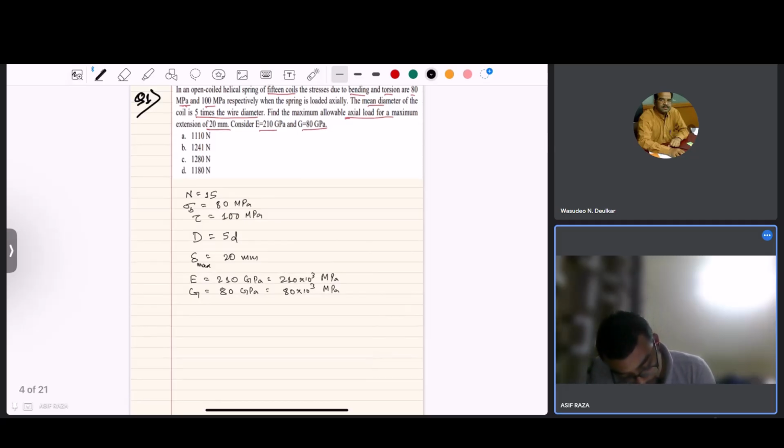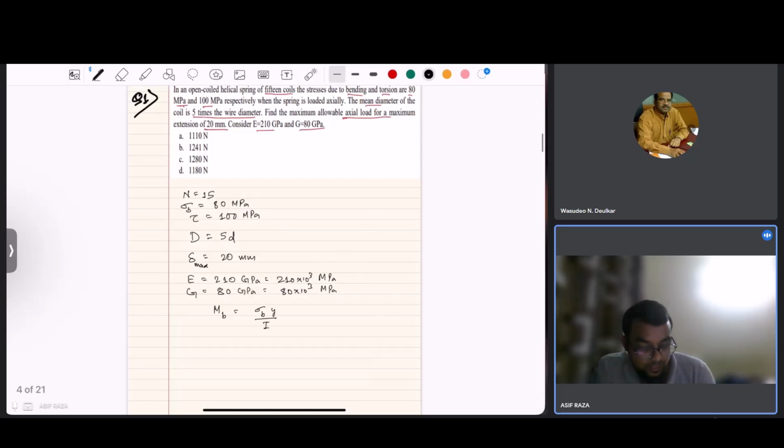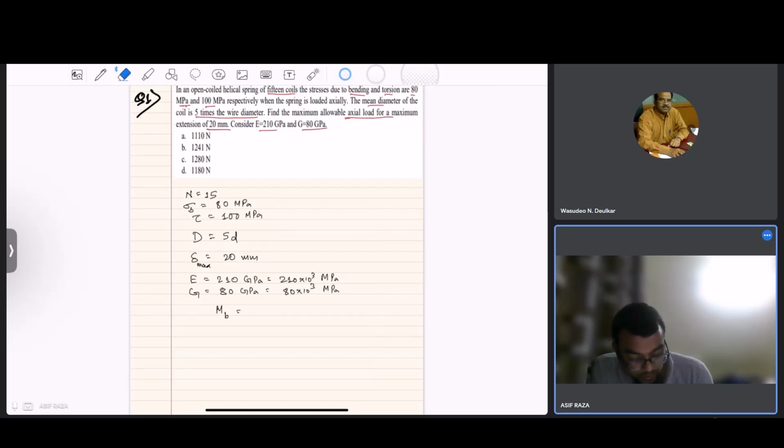So we know with the flexural formula, it is given as sigma B by y equals M by I, right? And this would be in the context of spring if the axial angle is given.